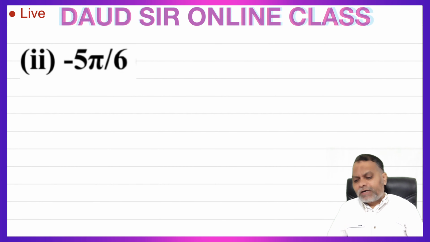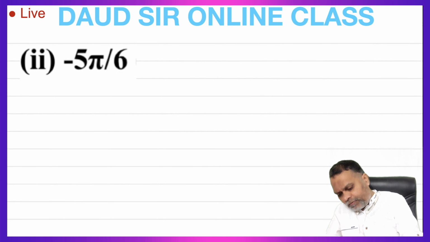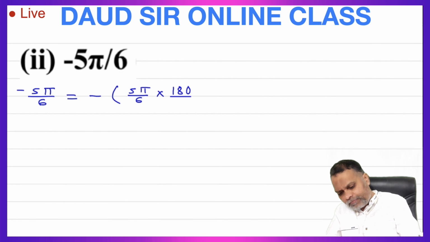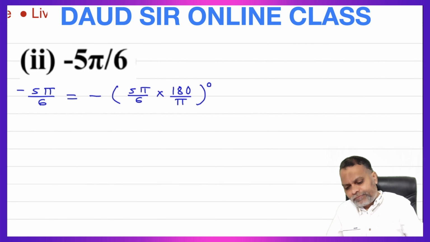Question number first, part second. Minus 5 pi by 6 radian. So this minus sign and 5 pi by 6 multiply by 180 by pi. This much degree. Simplify this.